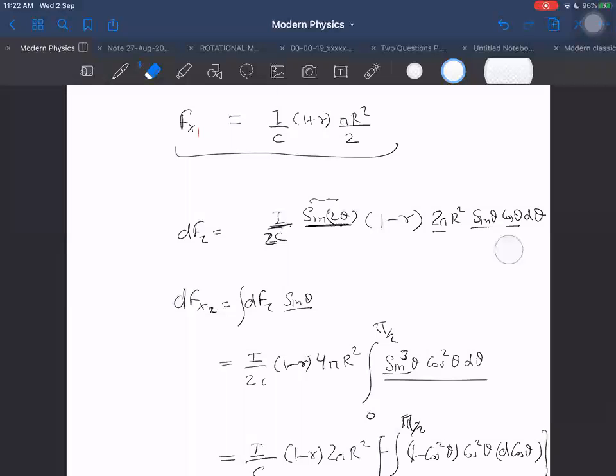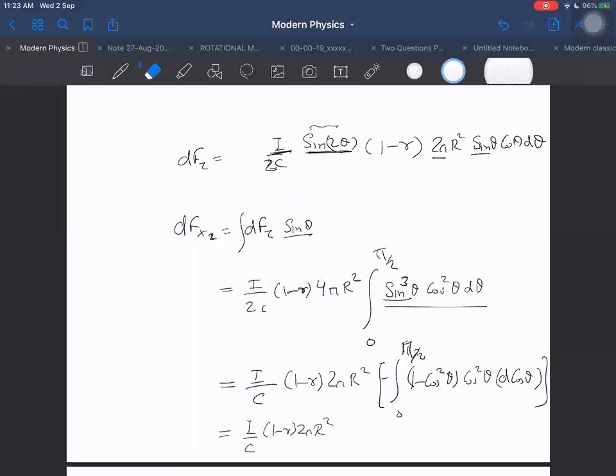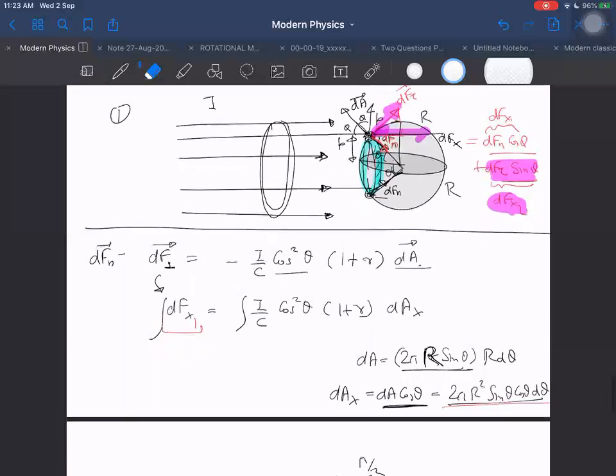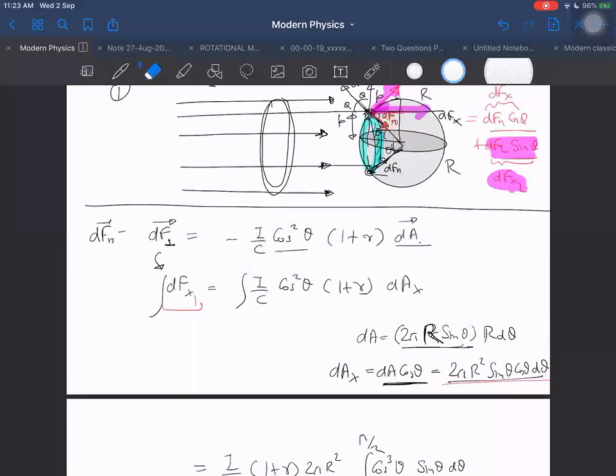Is there a cos theta here? What is the dA formula? This is dA cos theta. I wrote dA cos theta directly. I should take dA. Should I take dA cos theta? Yes, sir, dA cos theta only. Why should I take dA cos theta?